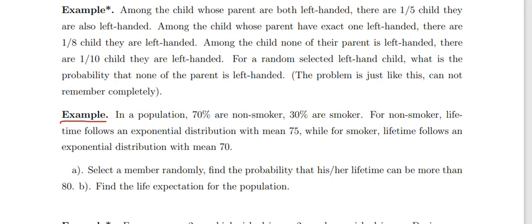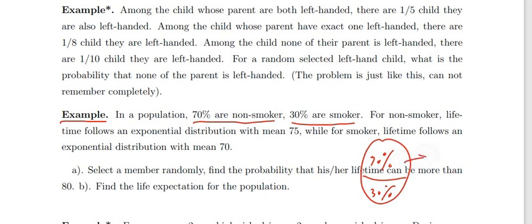Like 70% and 30%, smoke and non-smoke. So we just split people into two parts. The non-smokers count for 70% here and 30% here. So you pick one. If you pick this guy, such a chance is 0.70.